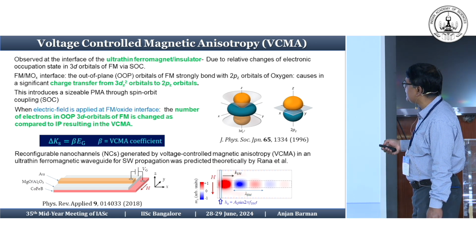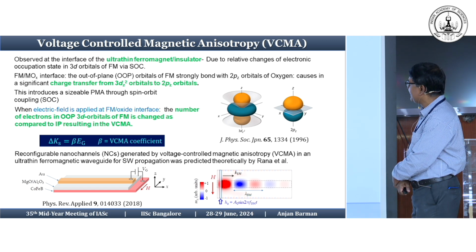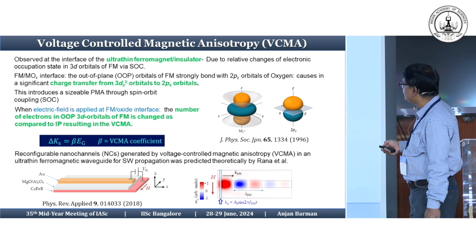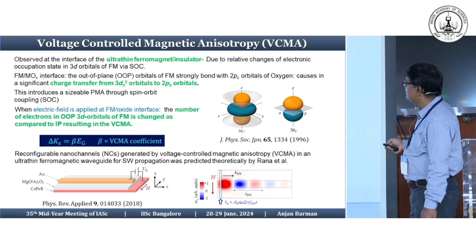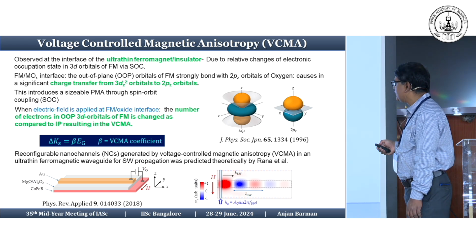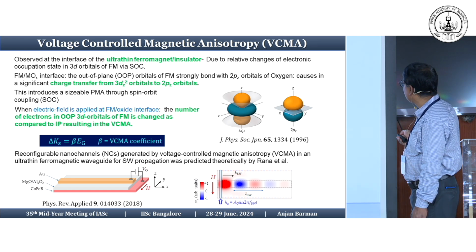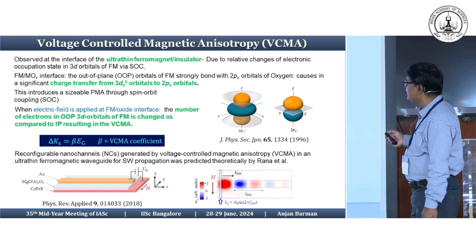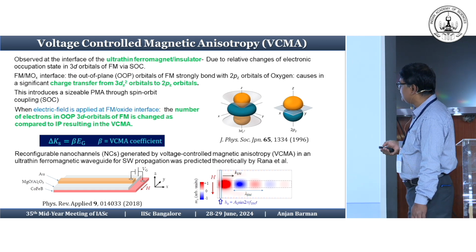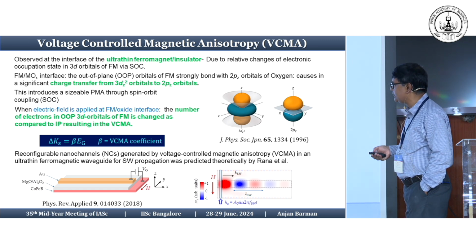That gives rise to a sizable perpendicular magnetic anisotropy through spin orbit coupling. Now if we apply an electric field in this junction, then the number of electrons in the out of plane 3d orbital of the ferromagnet is changed as compared to the 2pz, and as a result there is a change in the perpendicular magnetic anisotropy, and that is known as the voltage control magnetic anisotropy.